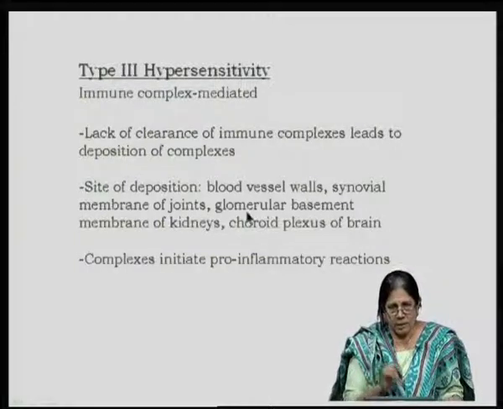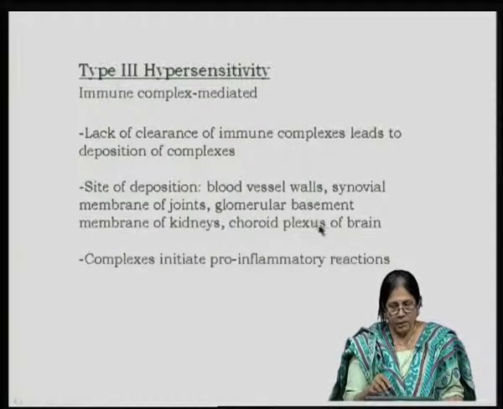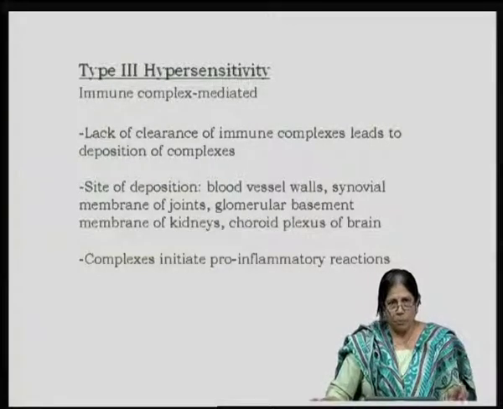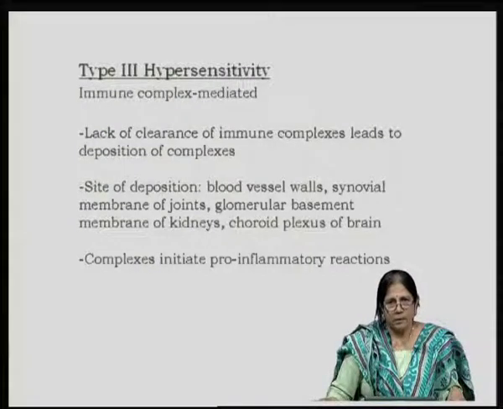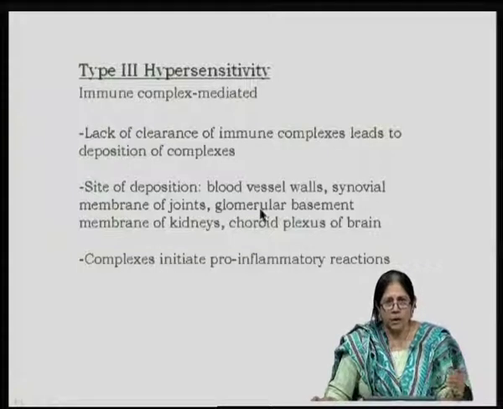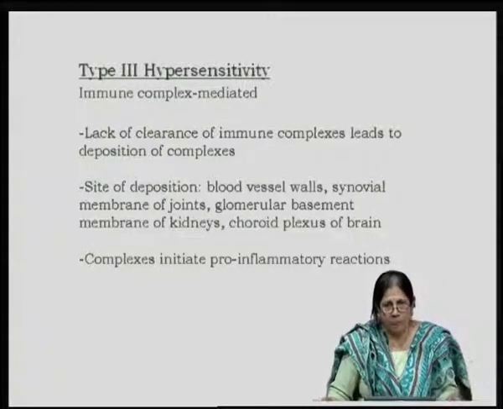So, blood vessels get destroyed, synovial membranes get destroyed, and the glomerular basement membrane of kidneys also gets destroyed. So, there is both an inflammatory reaction as well as death of the tissue where the complexes get deposited. So, this could also be a chronic inflammation which persists for long periods of time.